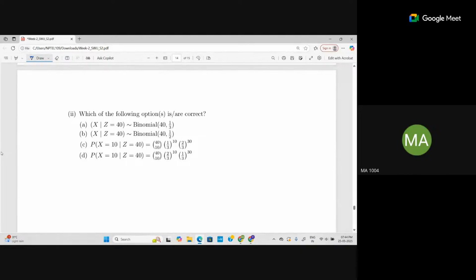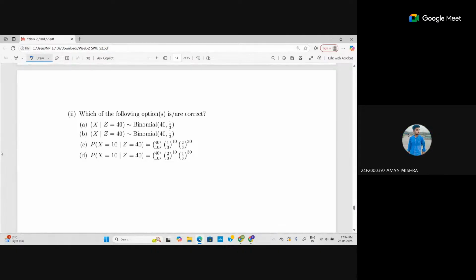So why is option B correct? Because ma'am, in binomial we have only 0 and 1, as a chance of success and failure. But that is not binomial where we have 0 and 1, that is Bernoulli. Because of that, we have two possibilities.